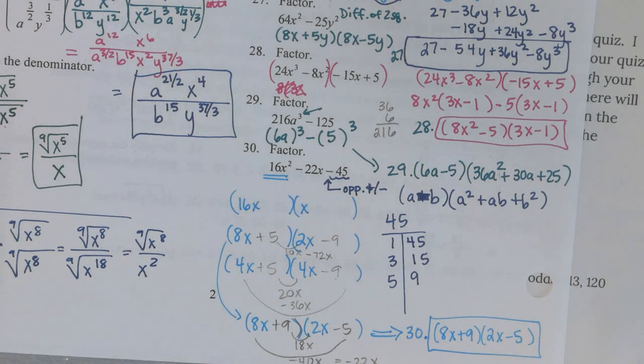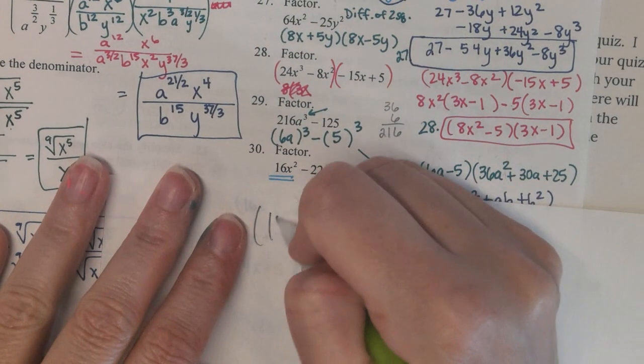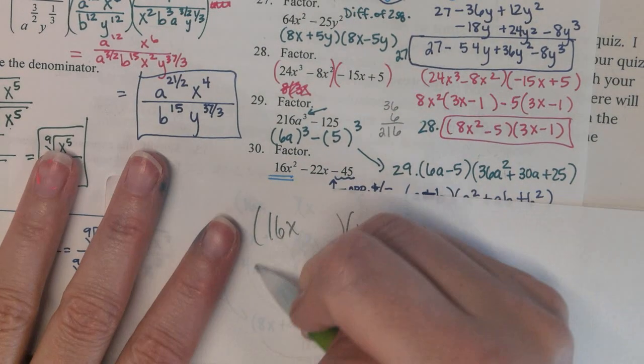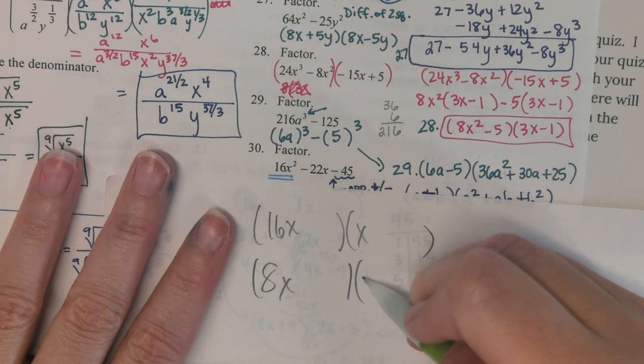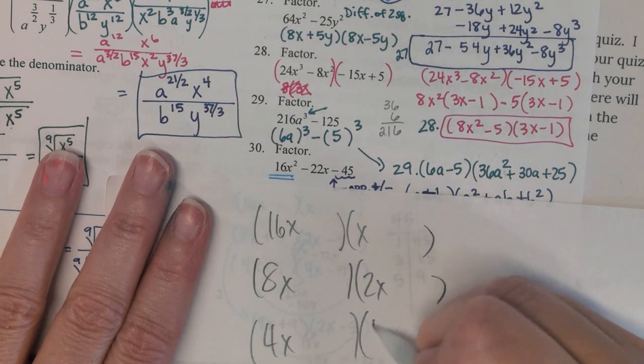Okay, now for this factoring one, when you have 16, think about what your options are. You know that to get to 16, it's either 16 and 1, which is kind of gross, I'm sorry. 8x and 2x, not so bad. 4x and 4x.